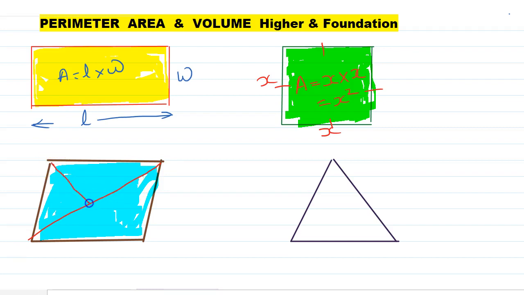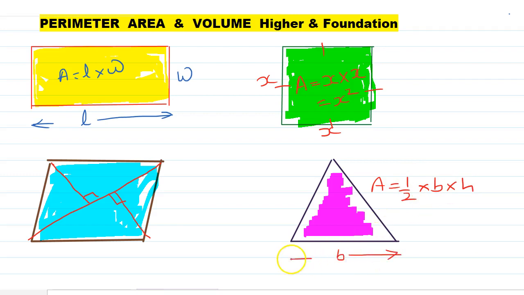Suppose this is the height. Let's see this triangle first. Area of a triangle is given by half base times height. This is called the base and this is called the height, h.